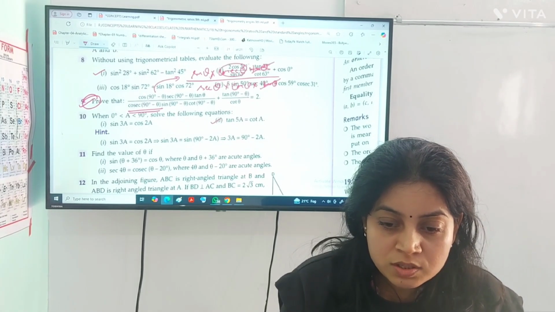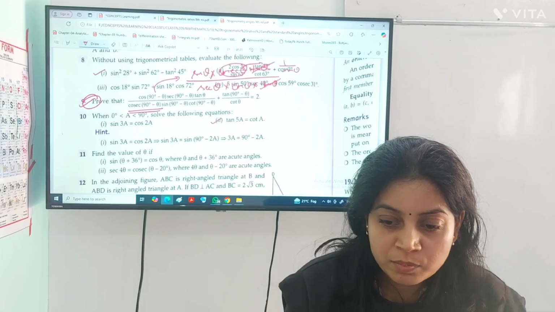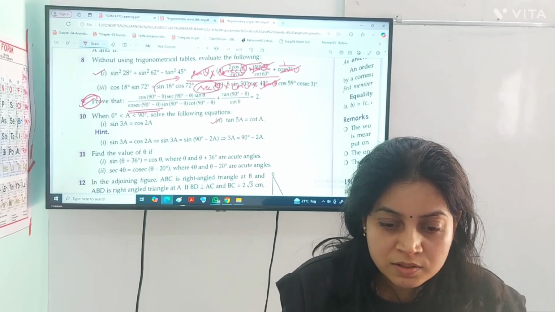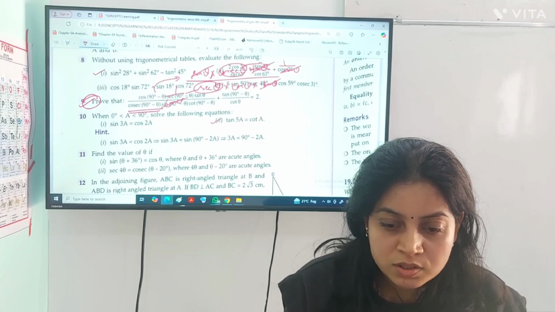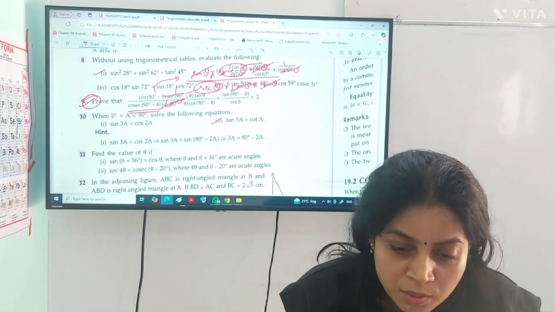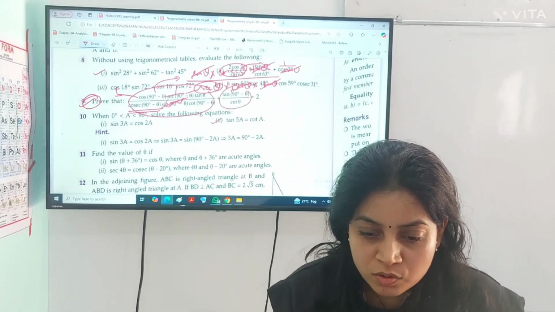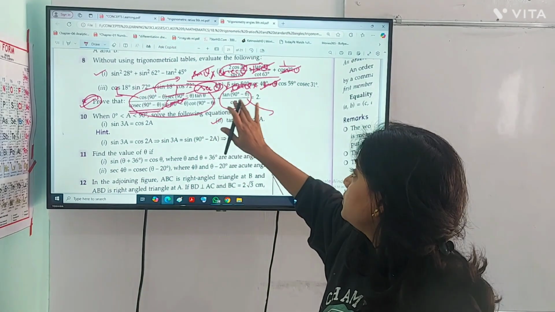So tan theta and tan theta will get cancelled out. Cosec is the reciprocal of sine, so you can write it as 1 by sine, and sine will get cancelled out. And this is sec theta, sec is 1 by cos, so cos theta will get cancelled out. So completely this value is 1.